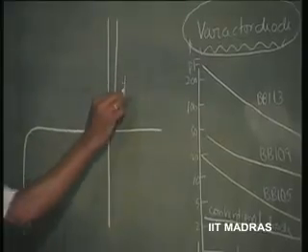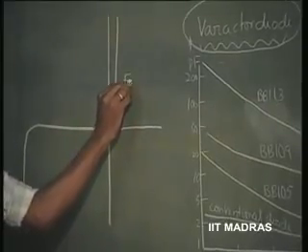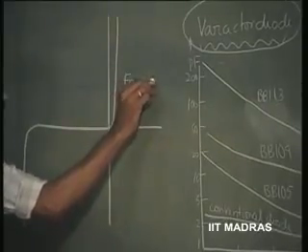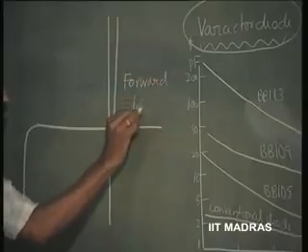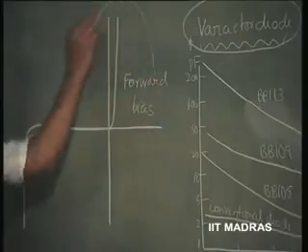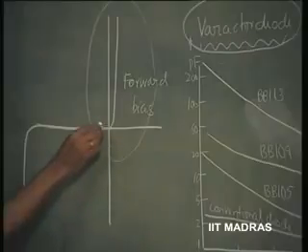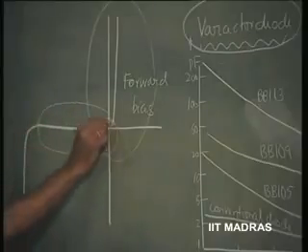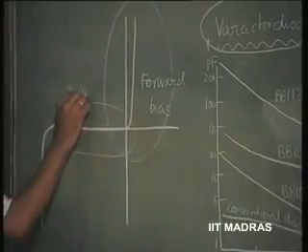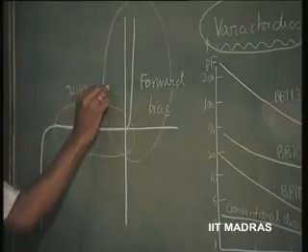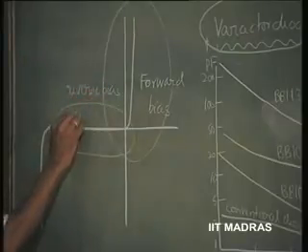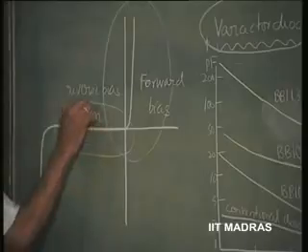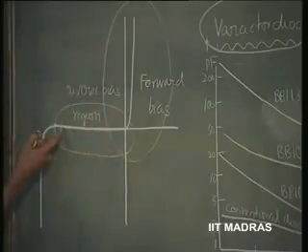This is the forward biased region. Then this is the reverse bias region. Here it is having infinite resistance in this region.